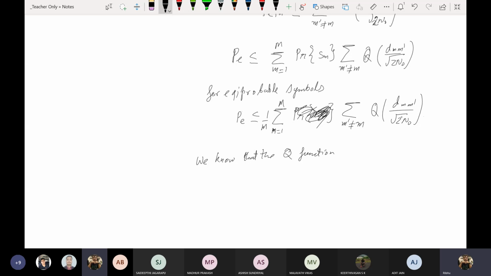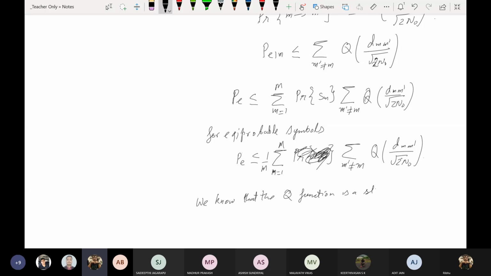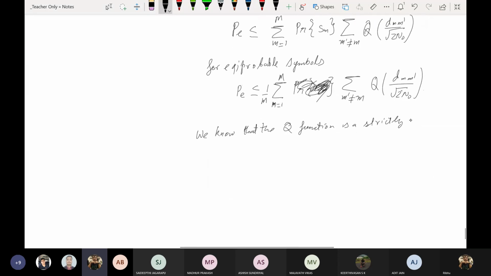Now we know that the Q function is a strictly decreasing function of its argument.